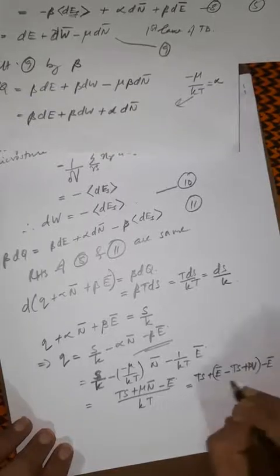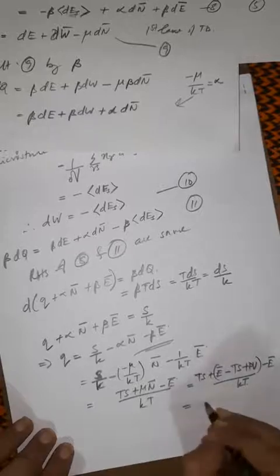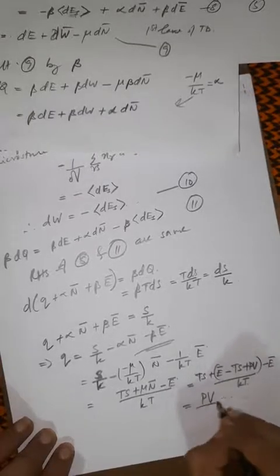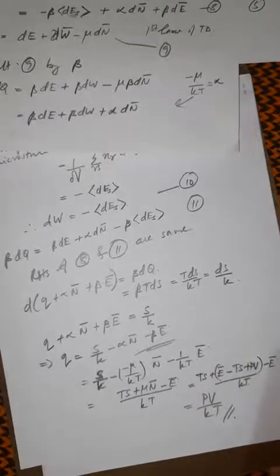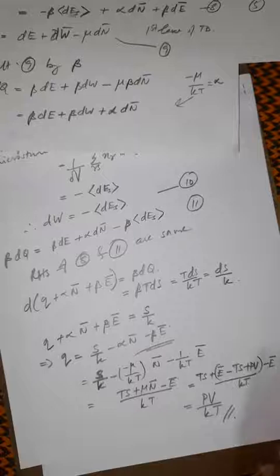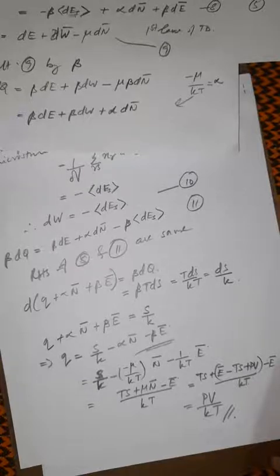Minus E bar, divided by kT. So this will come out to be PV by kT. So therefore, now we know that the q is equal to PV by kT.